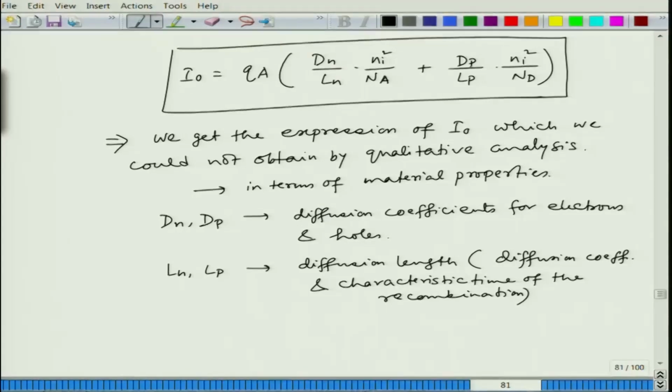So that diffusion length takes into account those properties. So Ln and Lp are also material properties.